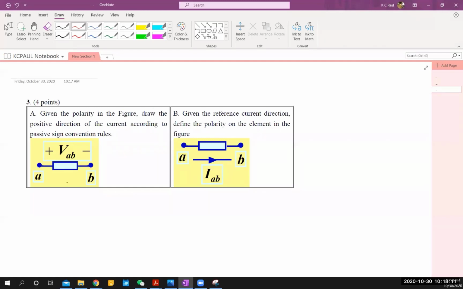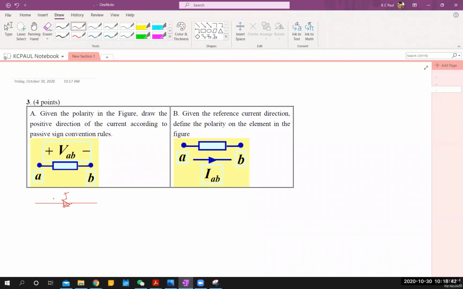One problem here is that it is not mentioned whether this is a power generator or a power consumer. So we are hoping that this is a resistor. Given that it is a resistor, we already know that current should always flow this way, from the positive end to the negative end, because we use this formula in every KVL, right?